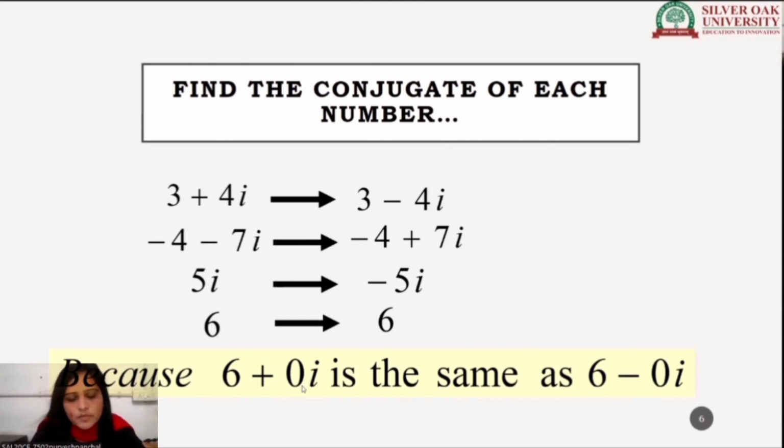So here we have b equal to 0. So the imaginary part of this real number, this complex number, is 0. So in the conjugate we have to just change the sign of the imaginary part. So here the conjugate of 6 is the same as 6 minus 0i.